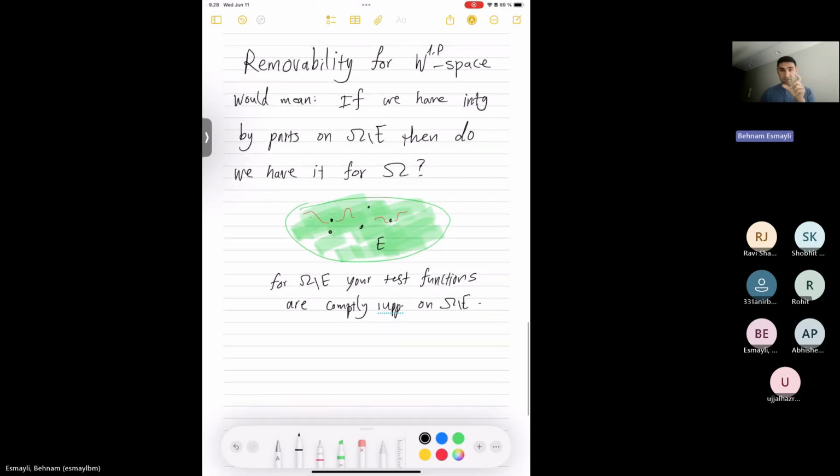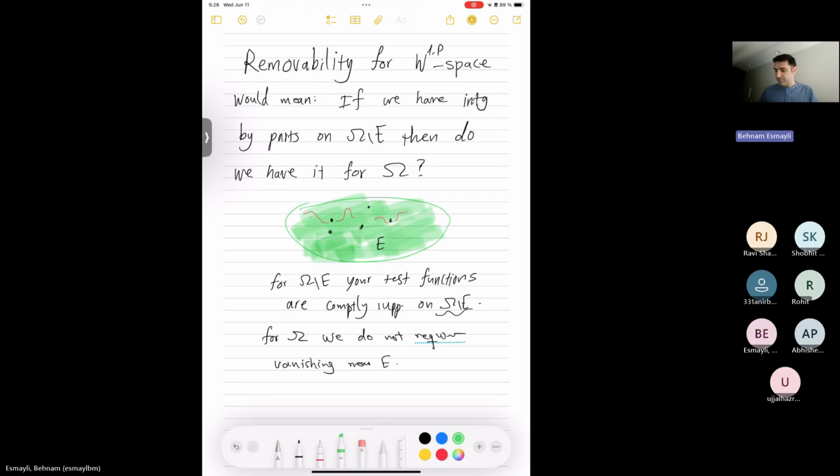But when you allow the set E itself again, we do not require anything about E or just vanishing near E. So if you have checked that the integration by parts holds for all functions compactly supported on omega minus E, by no means does it mean that it will hold for all functions, because it's just not easy.